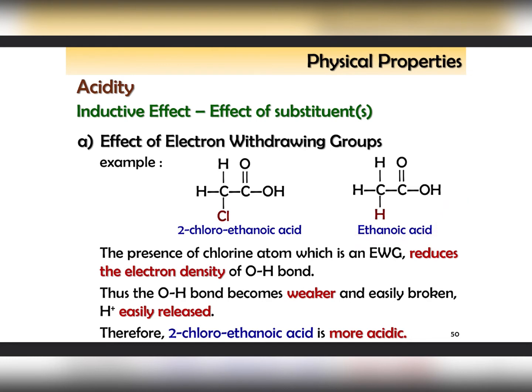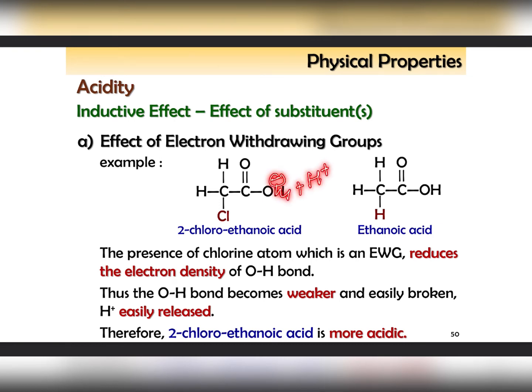Okay, so the presence of chlorine atom on this compound, it is an electron withdrawing group. So it will reduce the electron density dekat OH bonds ini. Okay, so dia akan tarik electron density towards Cl. So make this OH bond become weaker and easily to be broken. And kamu boleh form carboxylate ion and H plus ion.